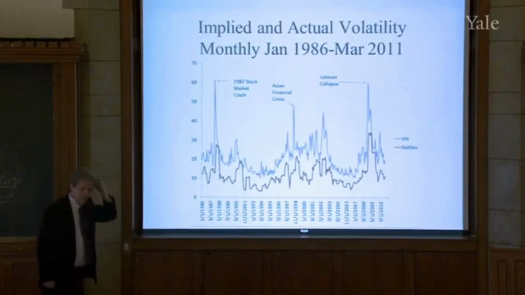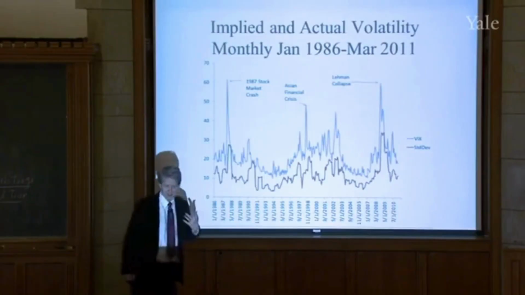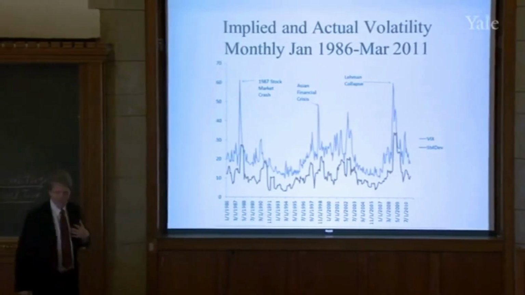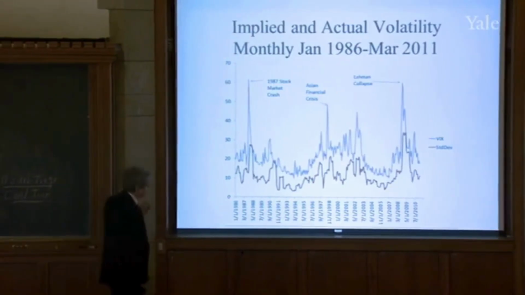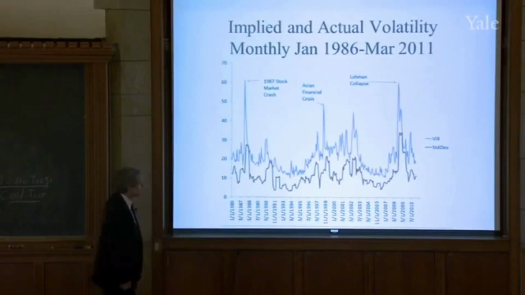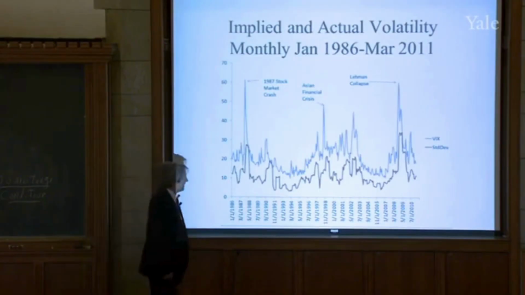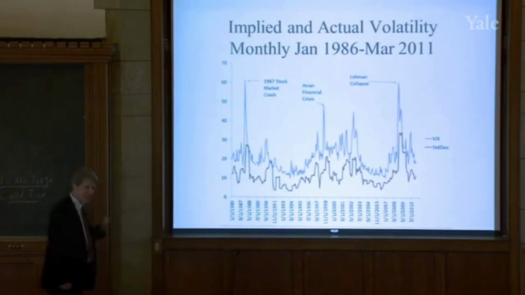When the CBOE was founded, they didn't know how to do this. Black and Scholes invented their equation in response to the founding of the CBOE. And now the CBOE publishes the VIX. You get it on their website, cboe.com, that's where I got this. They have computed, based on the front month, the near options, what the options market thought the volatility of the stock market was. That's the blue line.